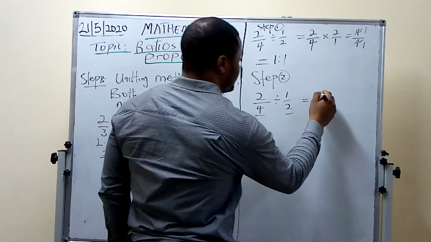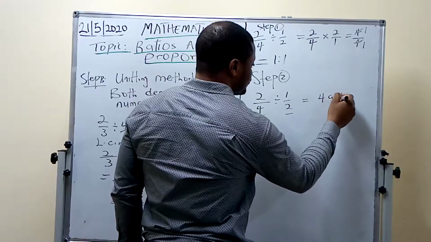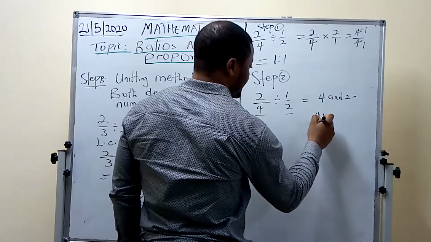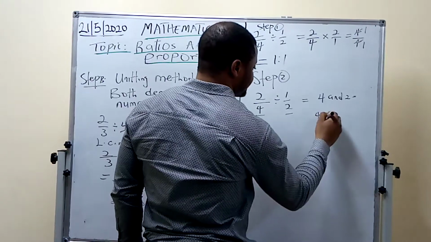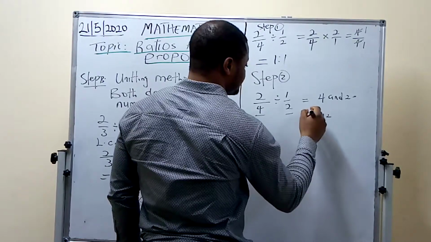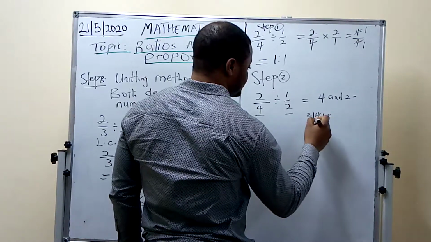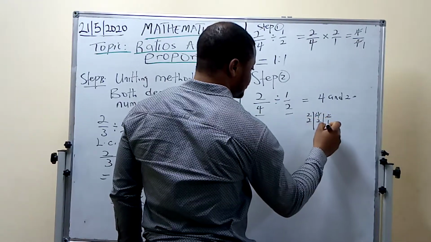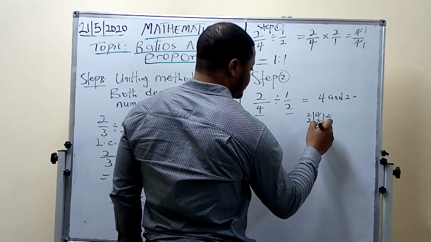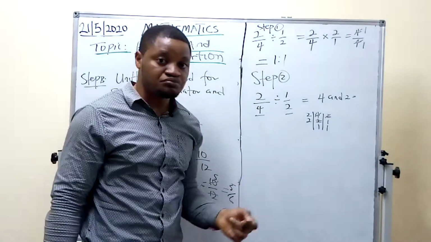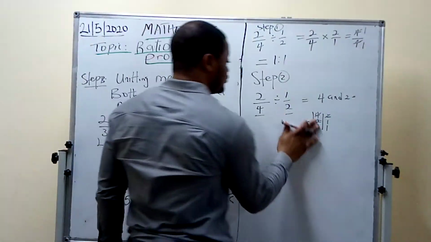What is the LCM of 4 and 2? The LCM of 4 and 2 is 4.